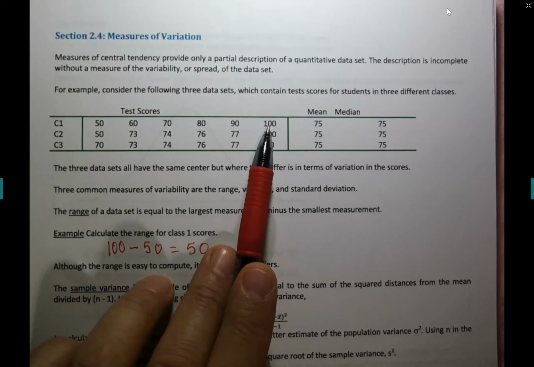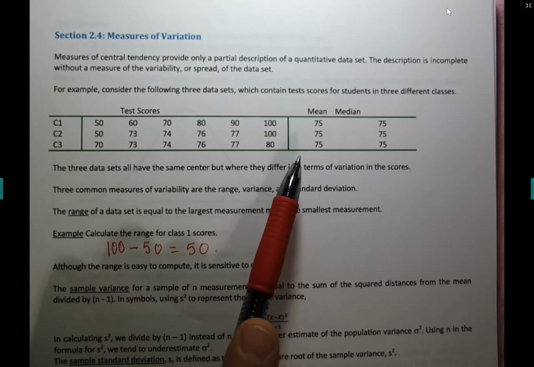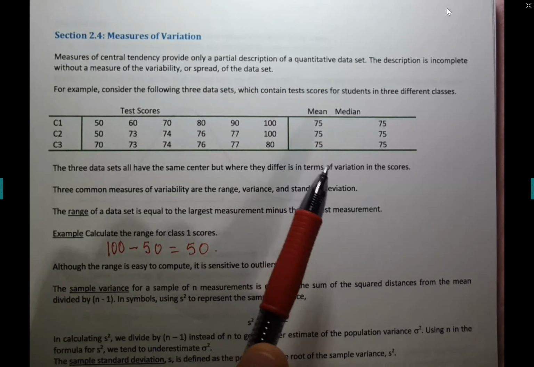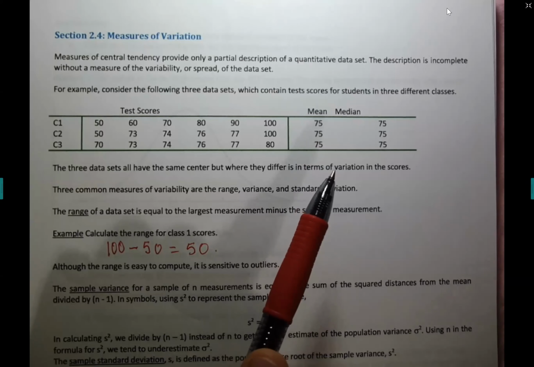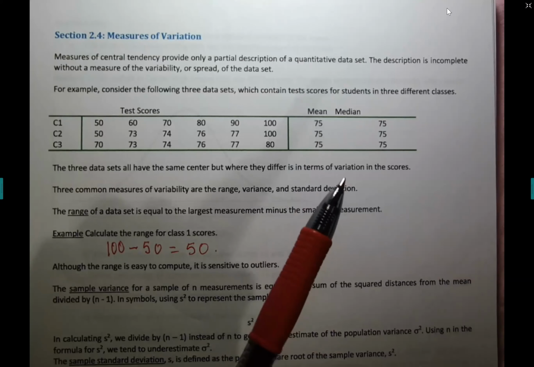I just want you to listen to me explaining the standard deviation. The good news is, guys, I'm going to do the standard deviation by hand, but I will not require that you do it by hand. But you really need to have a feel for where the standard deviation came from. So when you do it, you're not just using technology, you have a good grasp and understanding of it.